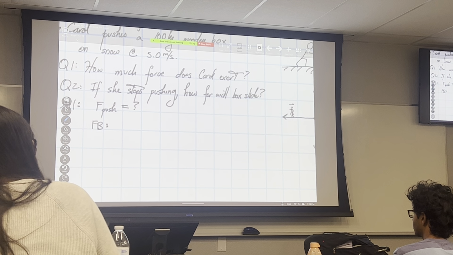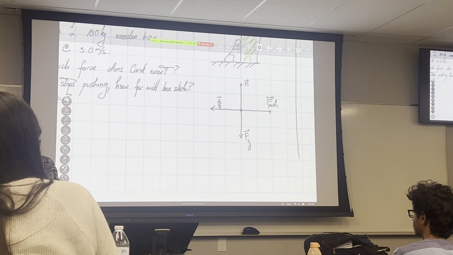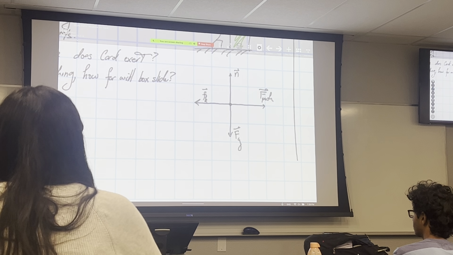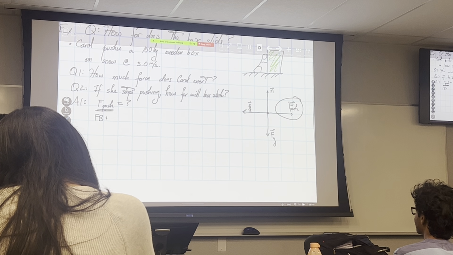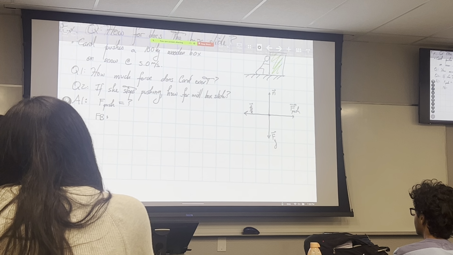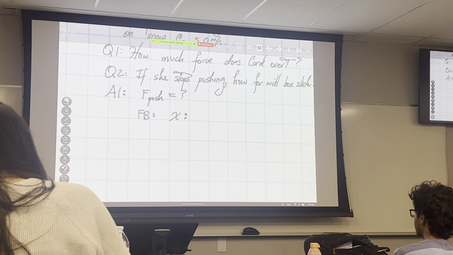We can do the force balance in the x or the y component. But which one should we begin with? Well, if we're looking for F push, what direction is F push acting in? Right, it will be in the x direction. So let's just begin there instead of focusing on the y.